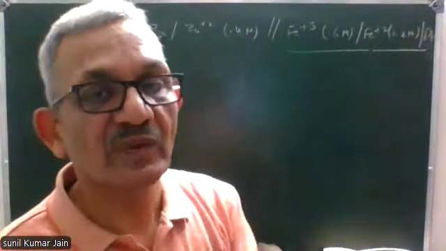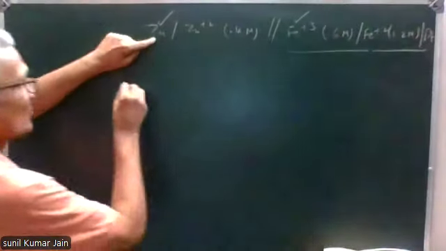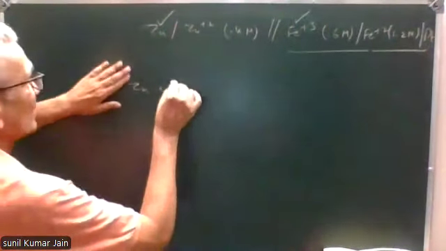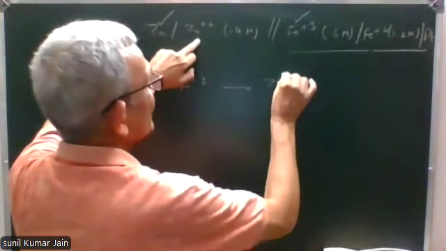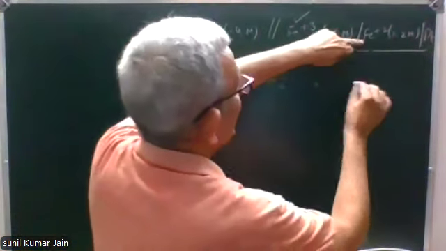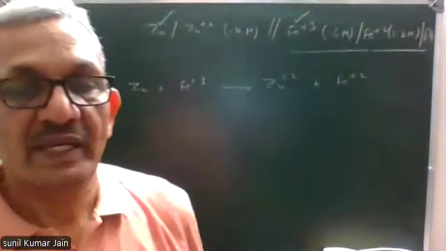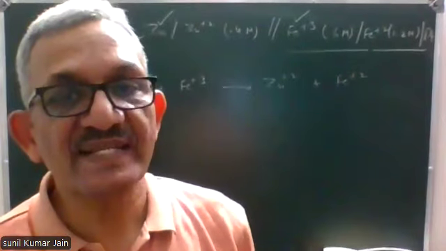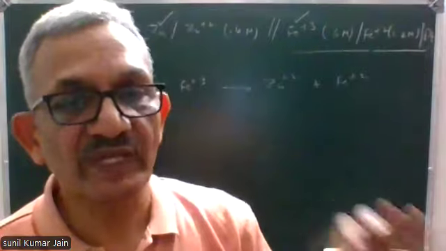Now, the first step, we'll write the equation. Reactants are zinc and Fe plus 3. Products are zinc ions and Fe plus 2 ions. Second step, how do we balance the equation without wasting time and without any mistake?